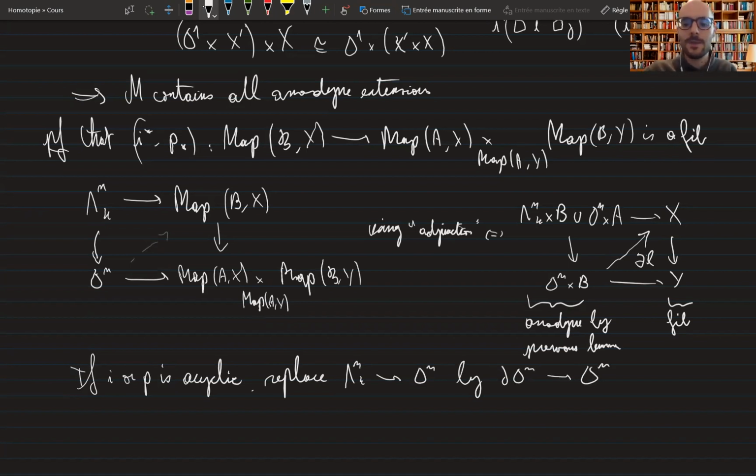We prove that if something has the right lifting property with respect to this, then it is an acyclic cofibration. And then you use something the other way around, you have to use something else to show that this one is anodyne.